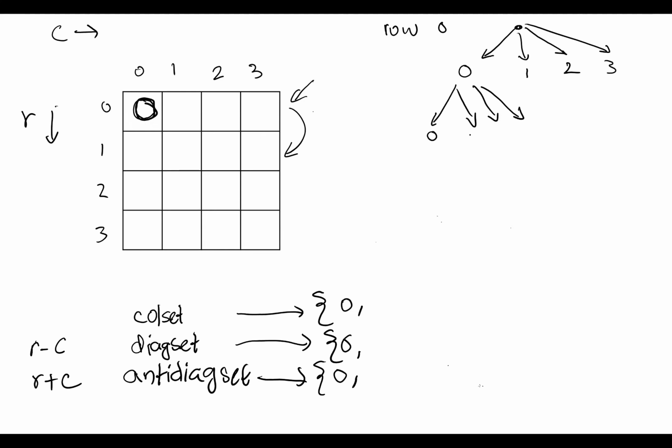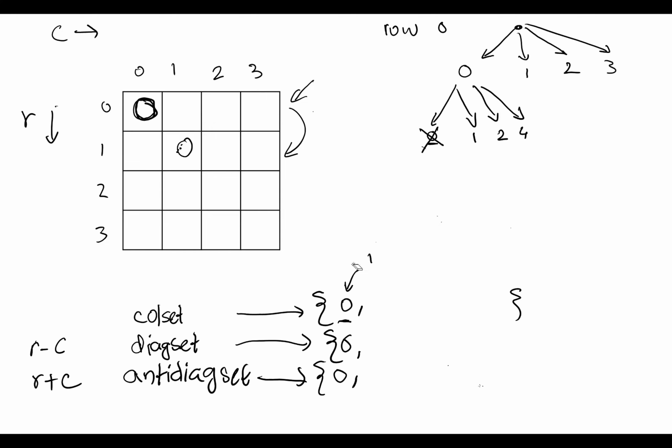Next, we again want to try from 1, 2, 3, 4. First, I will try 0. Now you see that the column already collides with the column set. So that means this option is gone, I cannot do this. Next, I try column 1. Column 1 is fine, it doesn't collide here.